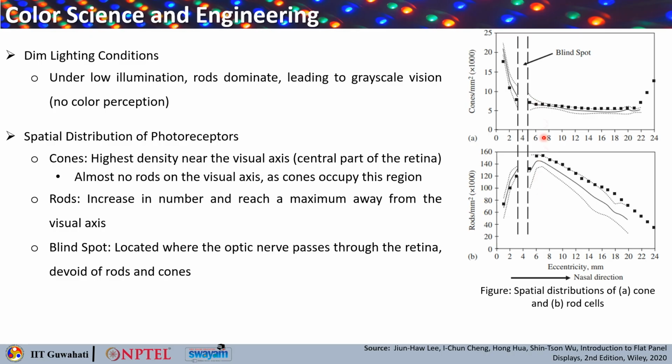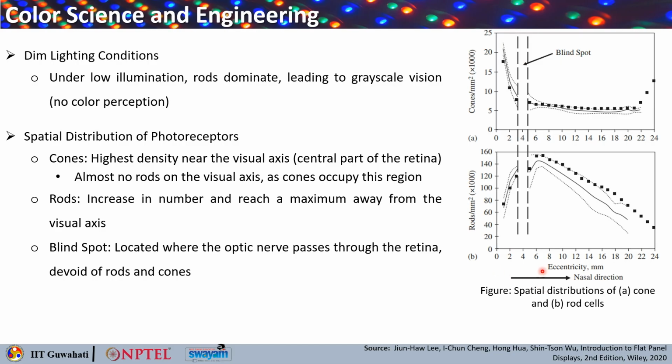Rods increase in number and reach a maximum away from the visual axis. Then there is the blind spot here, which tells you that there are no rod or cone cells in this particular region.